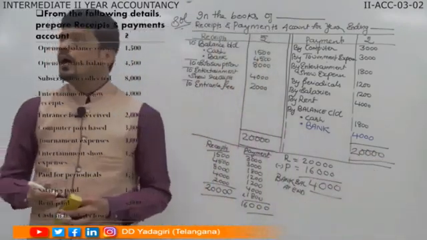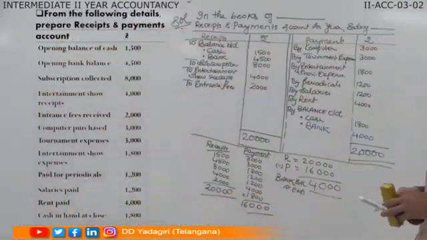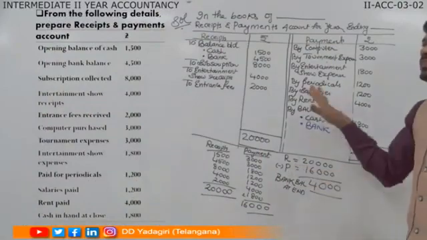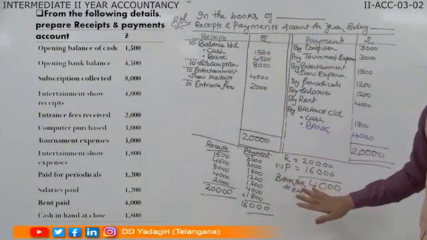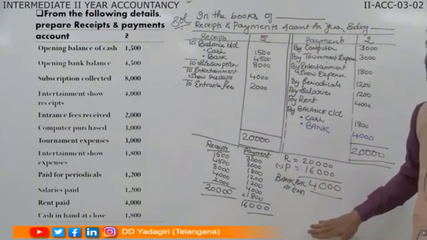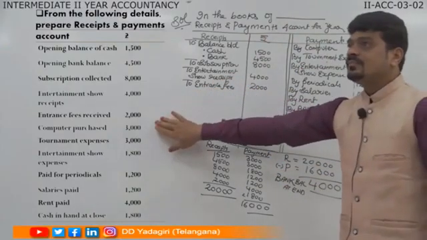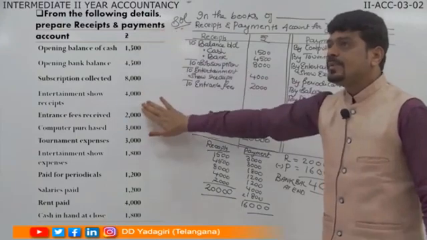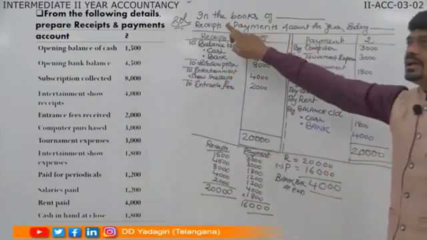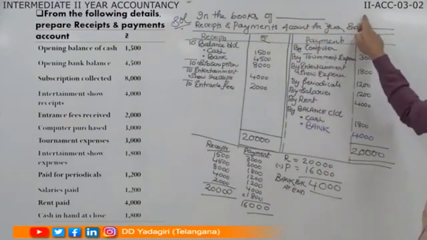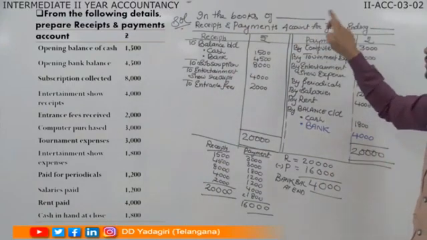This is how to prepare the receipts and payments account. You can see how we have done in the solution in a very systematic manner. Once again, look at the question. They gave you the receipts and payments in a jumbled manner. You are supposed to write the heading. In the books of name is not given, so we have given a dash.